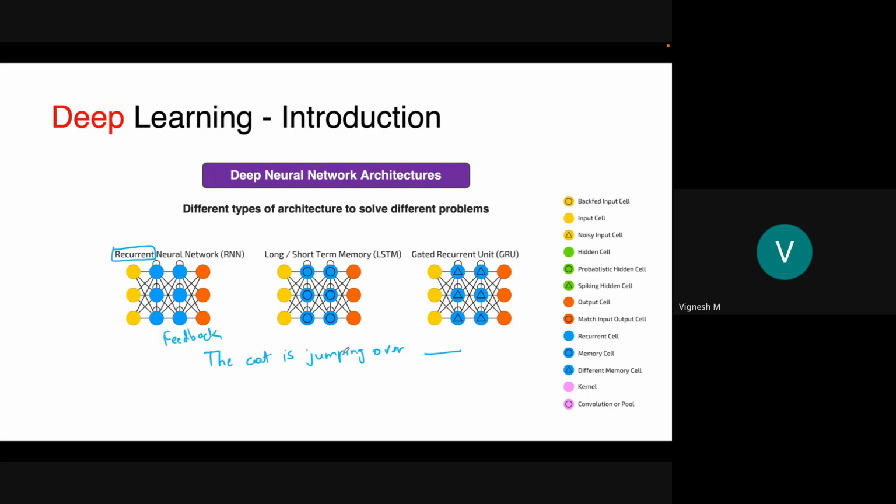And in fact, if the history is shorter, then the word that I ask it to fill in might not be meaningful, right? So the idea of recurrence is that information feeds back into the network in that same layer, or past information feeds back, so as to give the network memory-like properties.